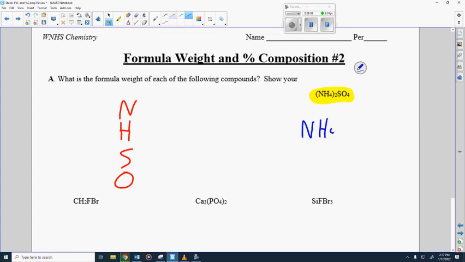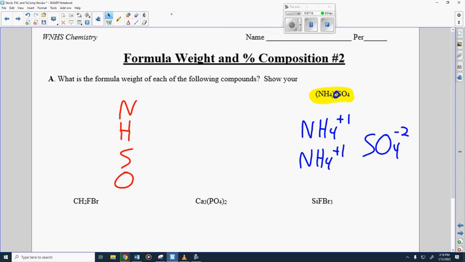So we have an NH4 with a +1 charge, and there's actually two of those guys, okay? That tells us that there are two NH4s with that +1 charge. You just got that one sulfate with a -2 charge, just like that, okay? So that's what we're dealing with.